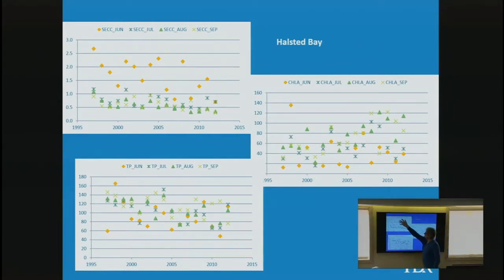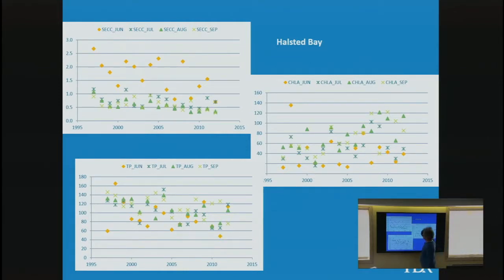So up here, this is Secchi or the clarity, transparency, 1997 to 2012. Higher up in the graph means cleaner, clearer water. The yellow diamonds represent what the values are for the clarity in the month of June through this whole time period. And again, you might only have one or two, sometimes three data points available for a given month, so I didn't put error bars in here because it would look like a Jackson Pollock painting.